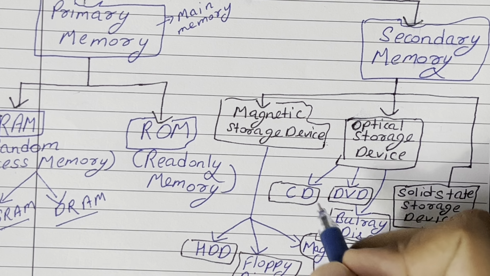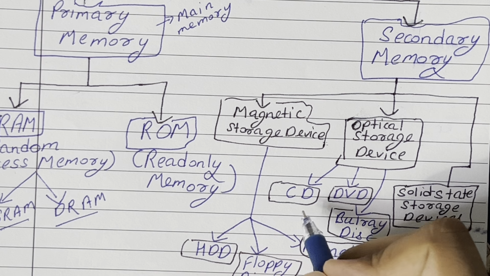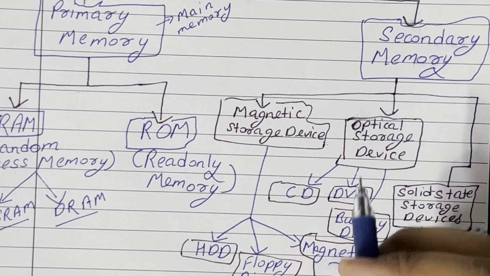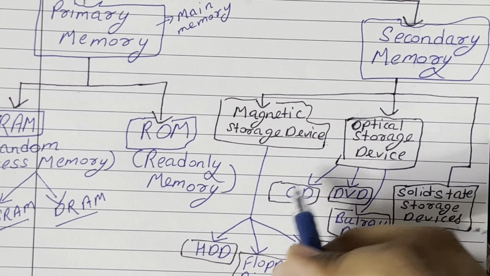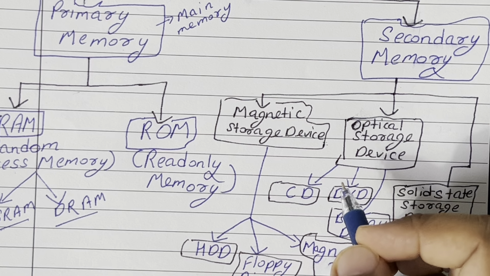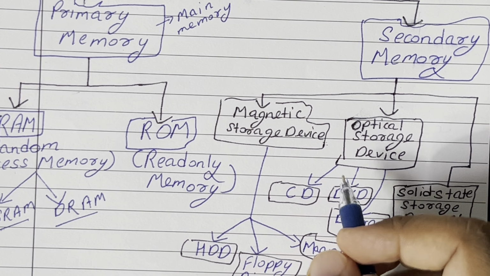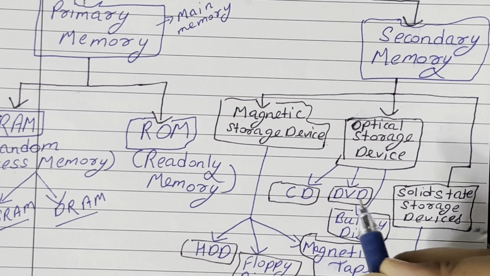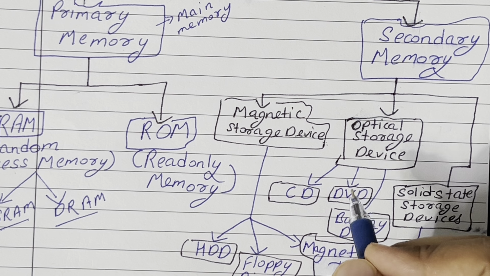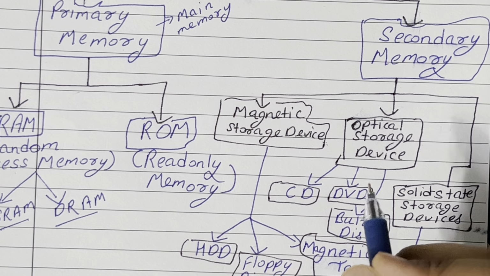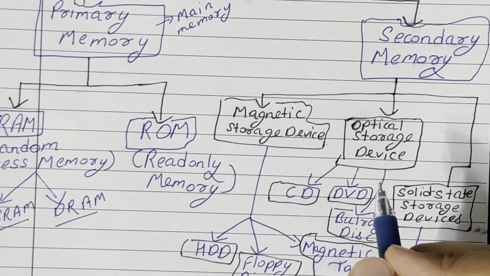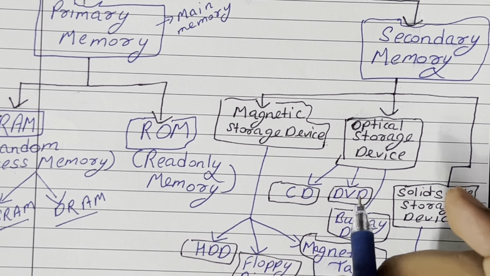So, CD stands for compact disc. Just remember its definition at least. It is an optical storage device which uses laser technology to store and retrieve digital information, and it was originally developed for storing digital audio, but later became widely used for storing software, documents, images, and other types of data.